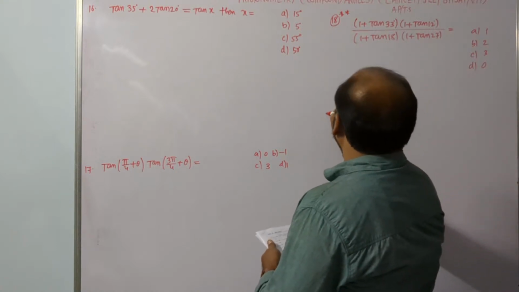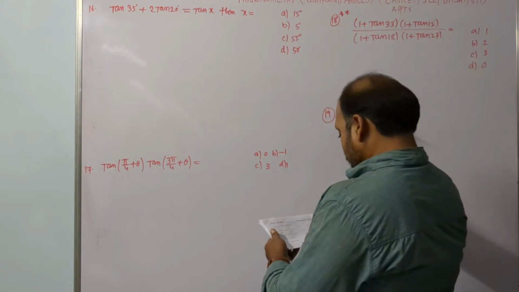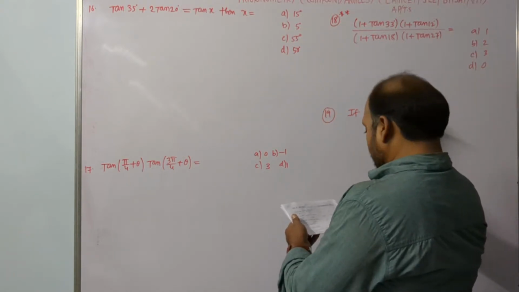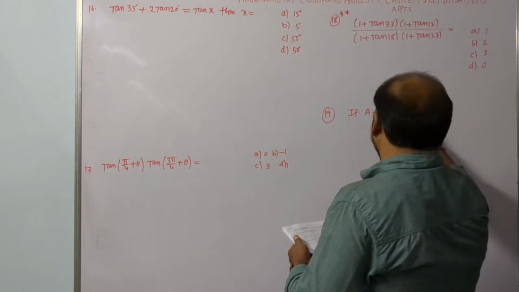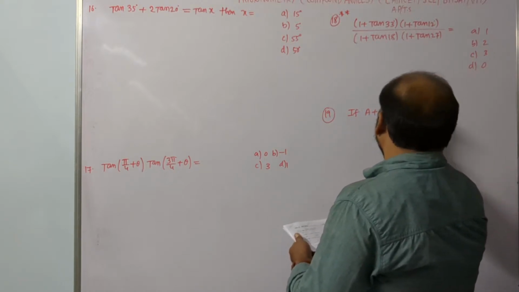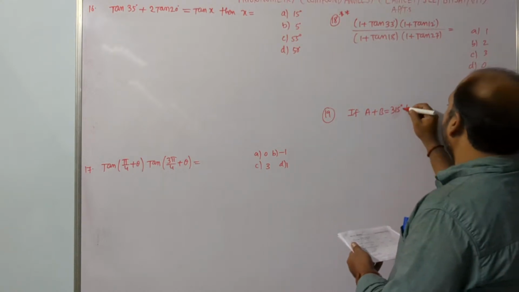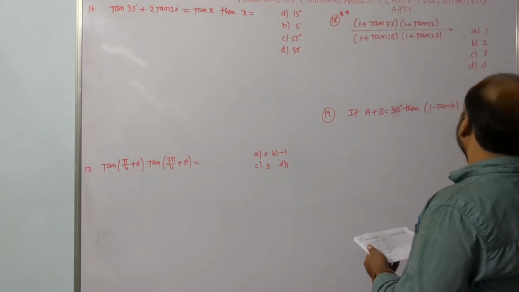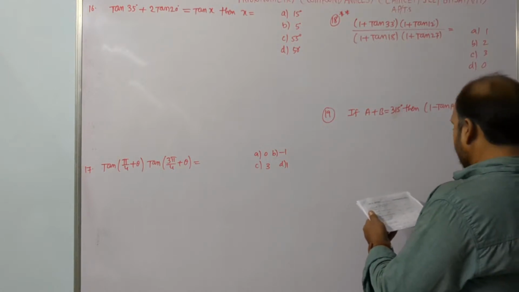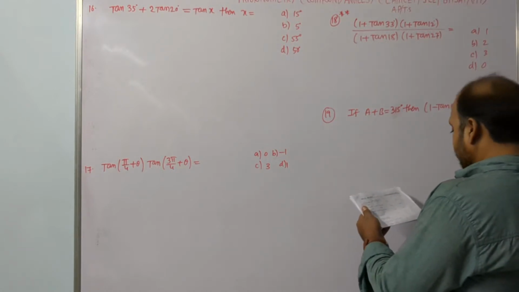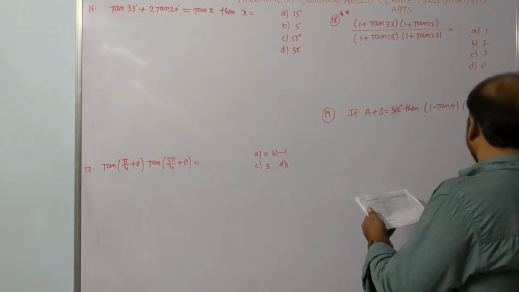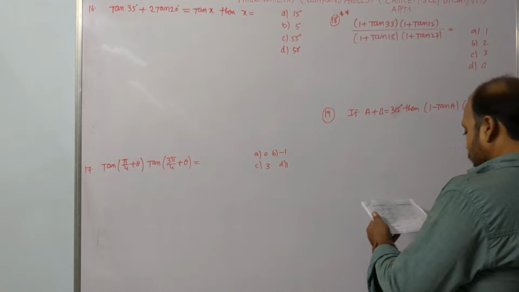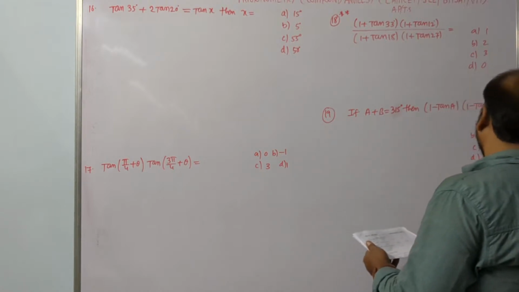Next question. If a plus b is equal to 315 degrees, then 1 minus tan a into 1 minus tan b is equal to, options 0, 2, 1, root 3, 1 by 2.